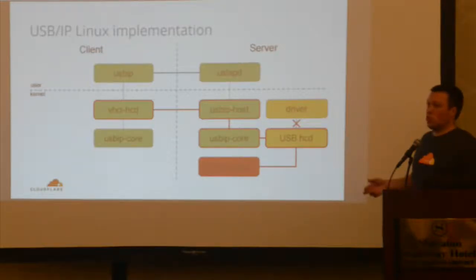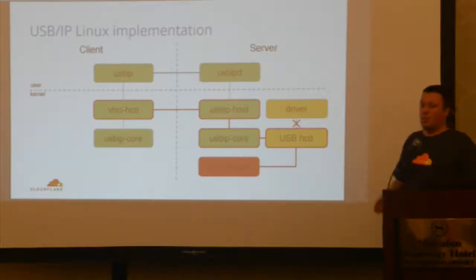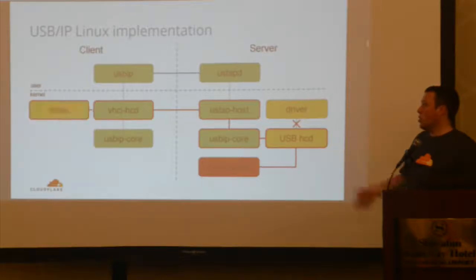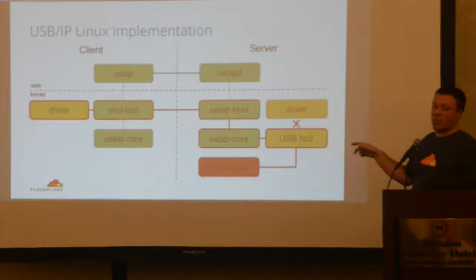The virtual host controller driver behaves like a normal host controller driver, so it sends a notification to the client's USB core subsystem: I got a new device, here are its attributes. Again, if you have a recent kernel distribution, a device driver will be loaded for you, and this driver will start managing the remote device through all this red pipeline.